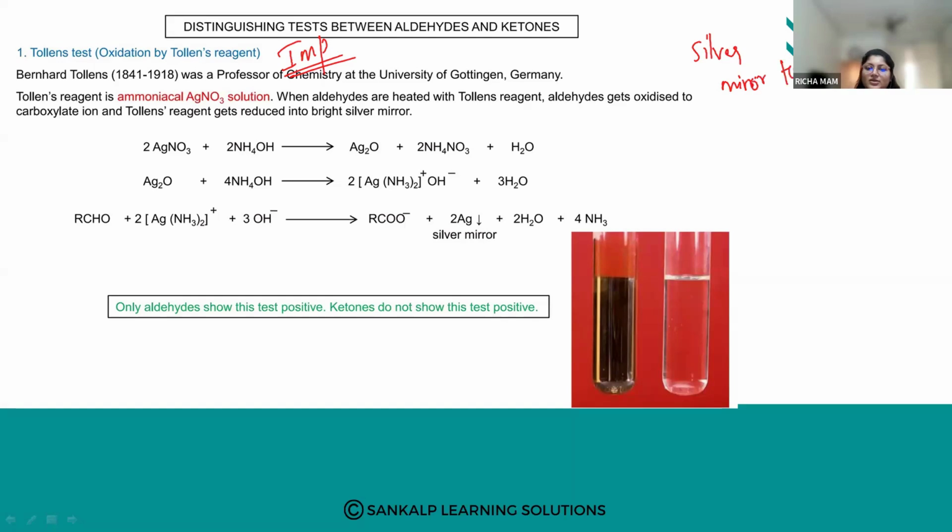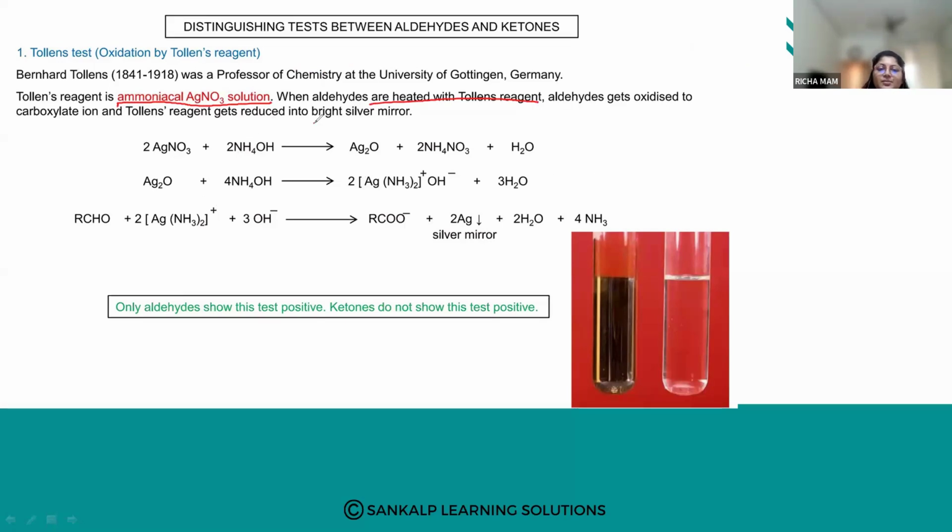Silver mirror test. So what is present in Tollens reagent? It is the ammoniacal solution of silver nitrate. We take aldehydes and heat them with Tollens reagent. What does it form?